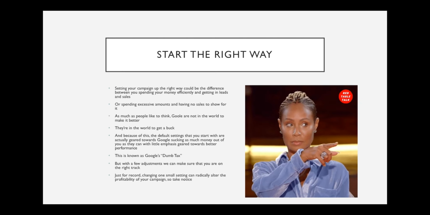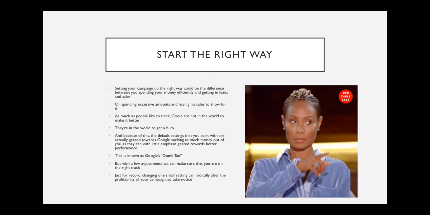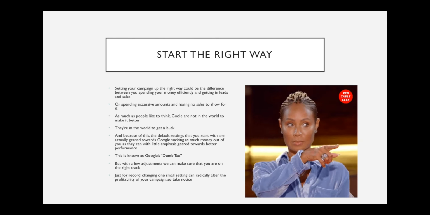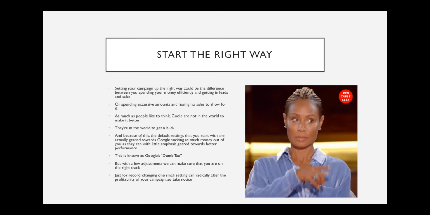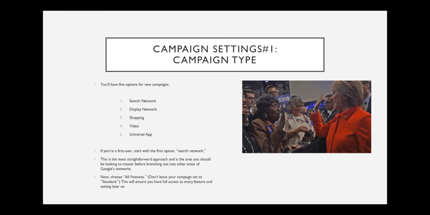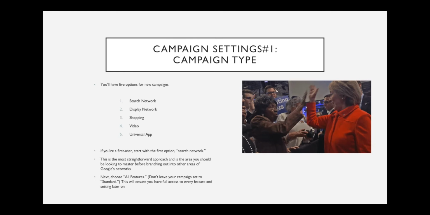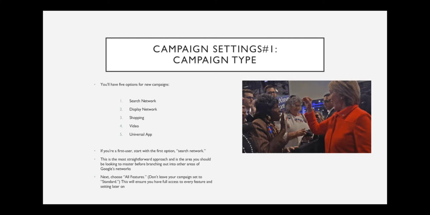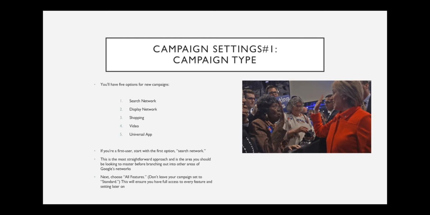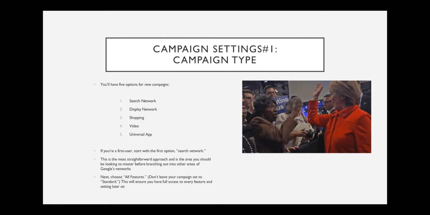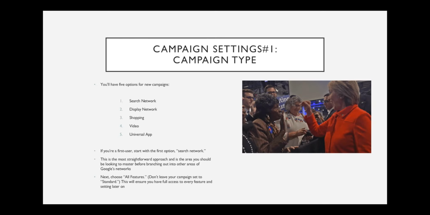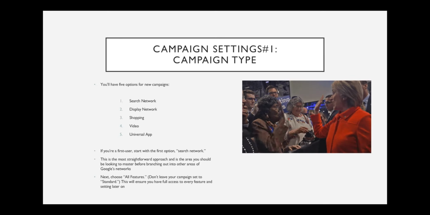And just for the record, changing just one small setting can radically alter the profitability of your campaigns. So take notice. So number one, as far as campaign settings goes, campaign type. You will have 5 options for new campaigns. You have search network, the display network, shopping, video, and finally the universal app.